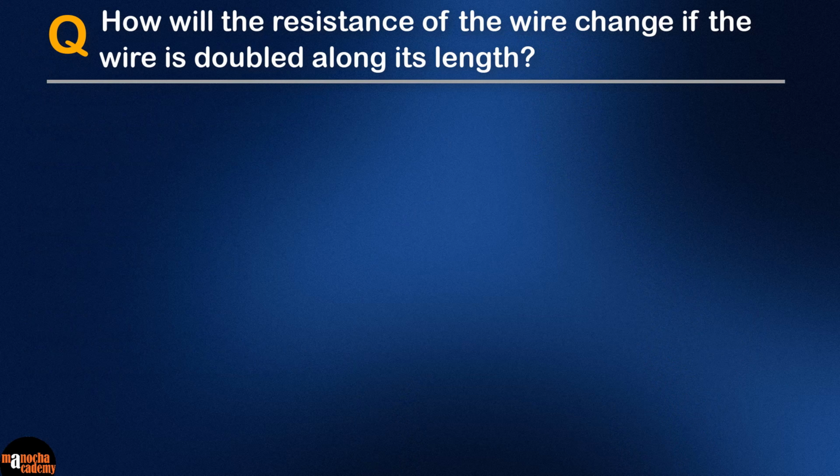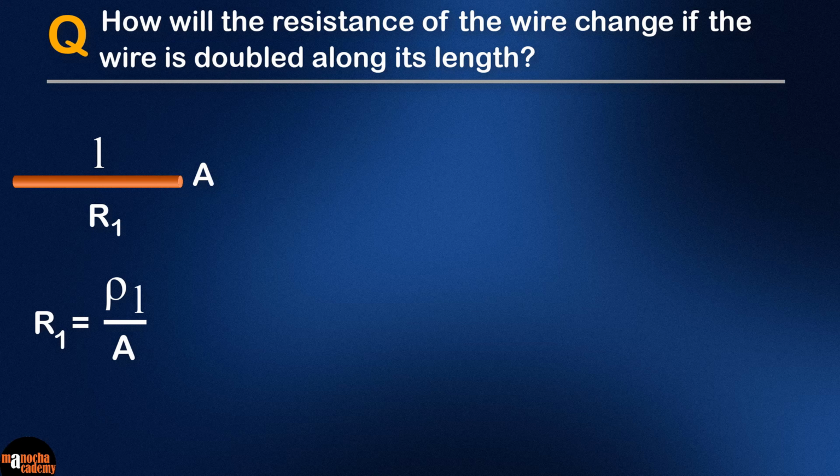Let's take the original length of the wire as L, the area of cross section of the wire as A, and the resistance of the original wire as R1. Using the formula, we get R1 equal to rho L by A. When we double the wire, the length becomes L by 2 and the area of cross section will become 2A.